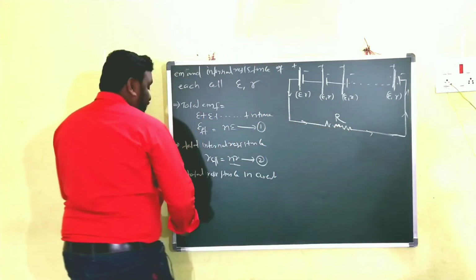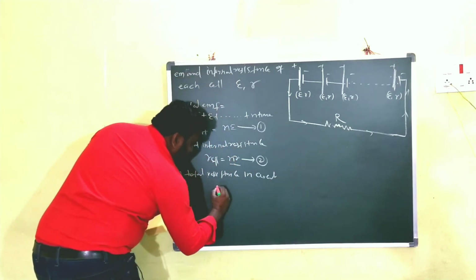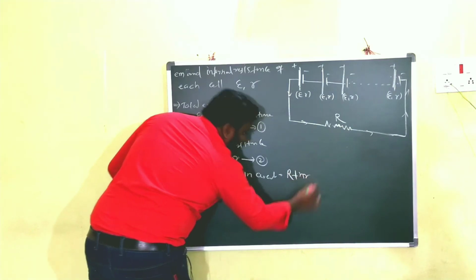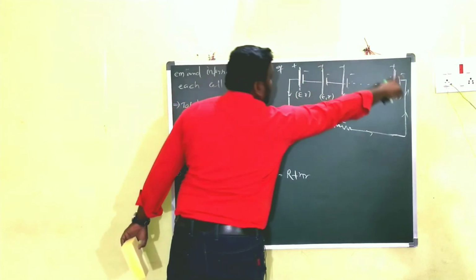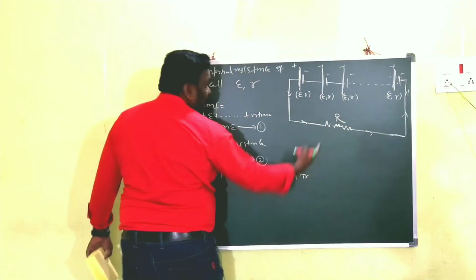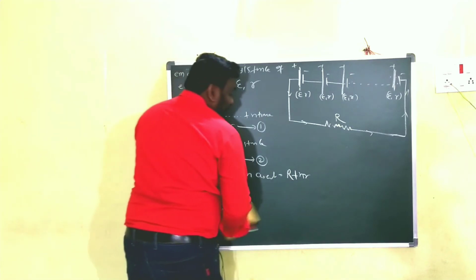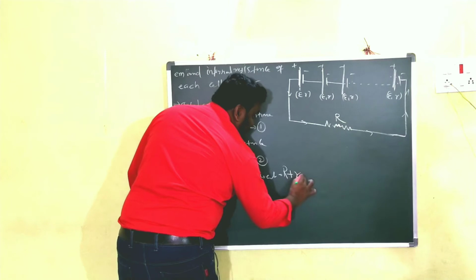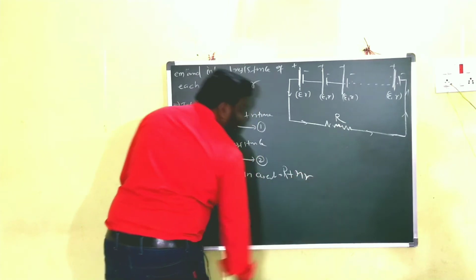That's why the total resistance in the circuit is R plus n r. This n r belongs only to the cells, and the external resistance is R. This R plus n r is the total resistance in the circuit.